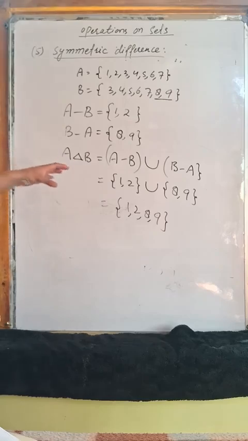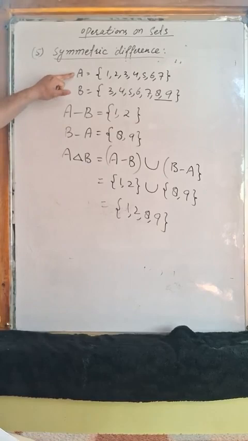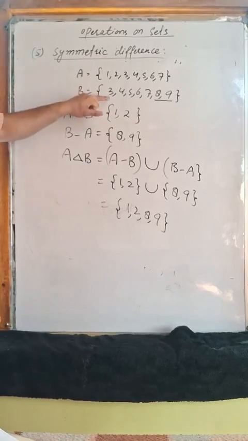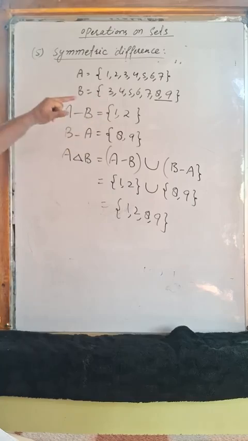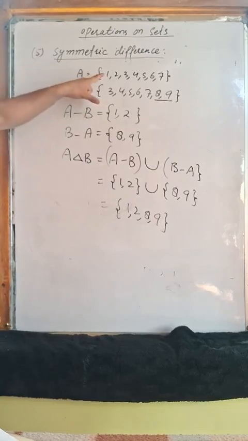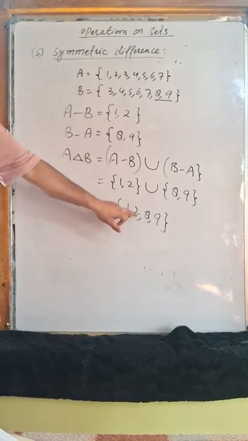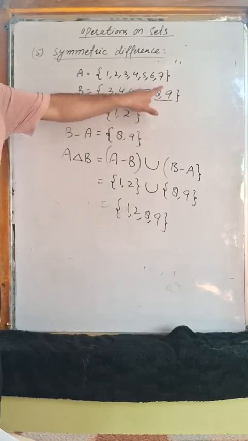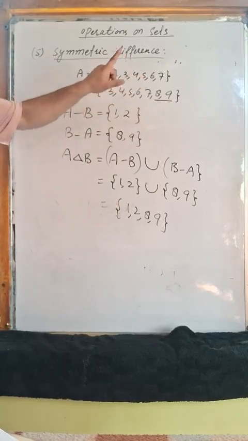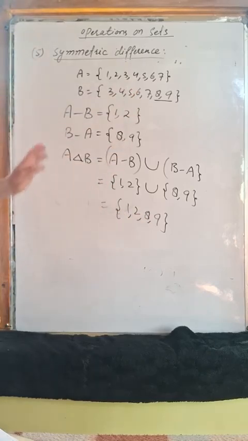So what we have done, we wrote only those elements of A that do not belong to B, and we wrote those elements of B that do not belong to A. Look, 1, 2, these two elements do not belong to B. 8, 9, these elements do not belong to A, so we wrote 8, 9. Okay, this is the symmetric difference of two sets.